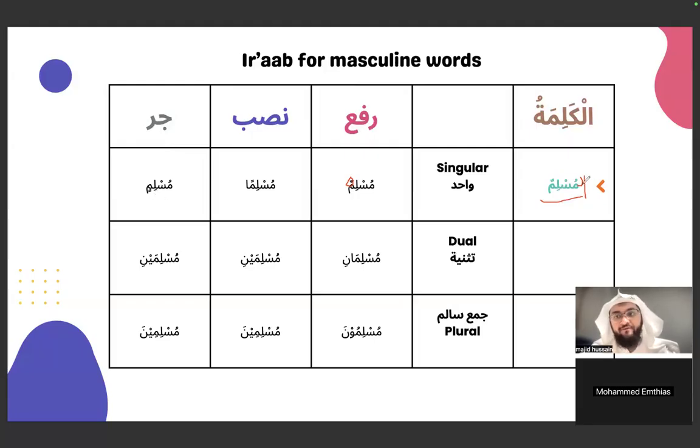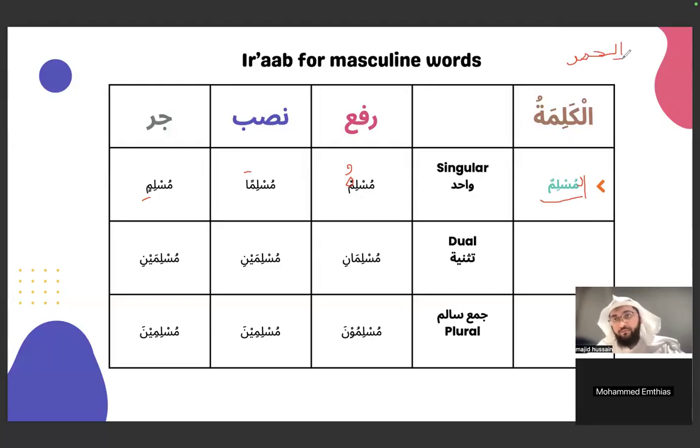But if I add alif lam to this word, then I will have to keep only one dhamma, one fatha, and one kasra. That's because of alif lam, and this is the rule in Arabic language. Wherever you see alif lam, the last diacritical point will have one dhamma. It cannot have two dhamma. Like for example, I hope this explains well why in the word alhamdu we are not saying hamdun.